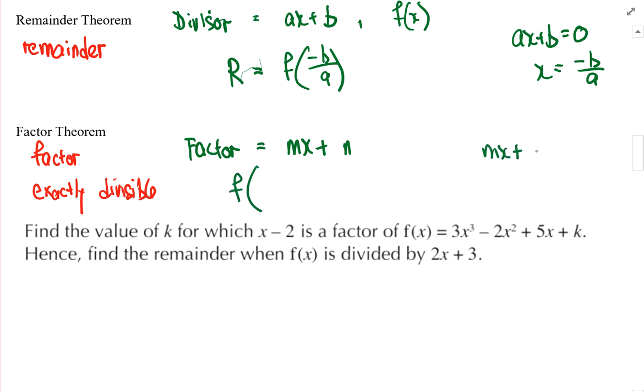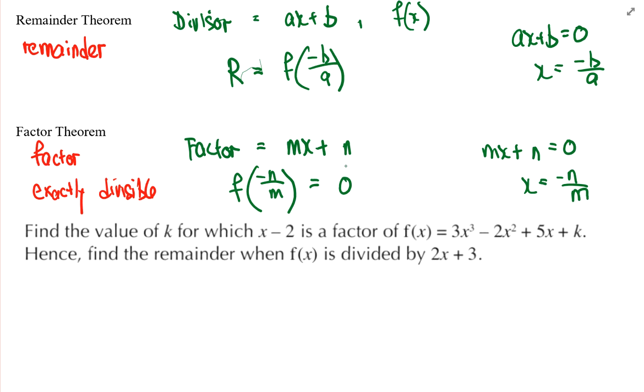To allow mx plus n to be equal to 0, the value of x in this case will be negative n over m. So when you substitute this into the equation, replacing x by this, your factor theorem will tell you that the remainder is equal to 0. The key difference between remainder and factor theorem is: in remainder, there is a value. In factor theorem, the value is equal to 0.